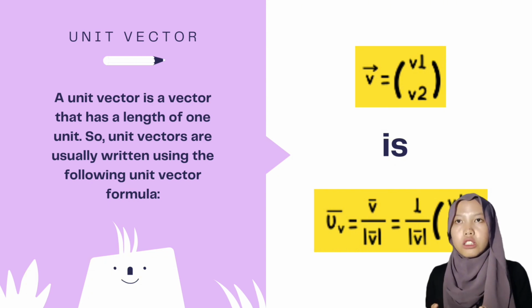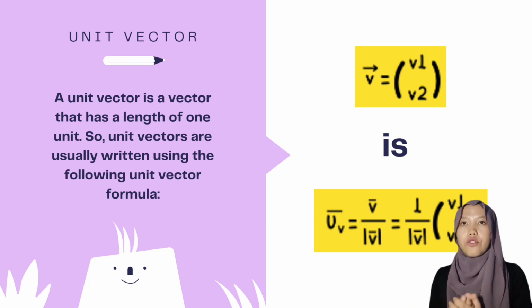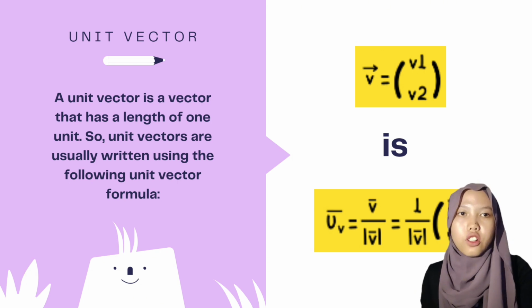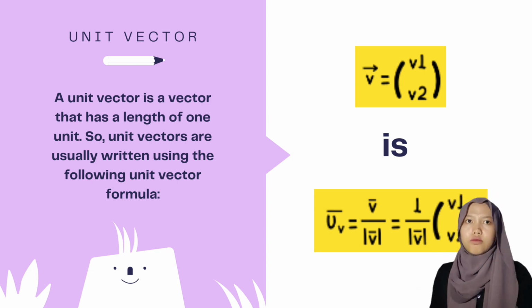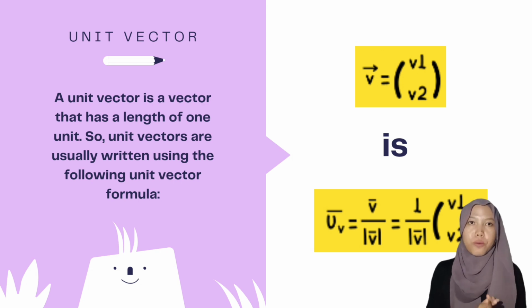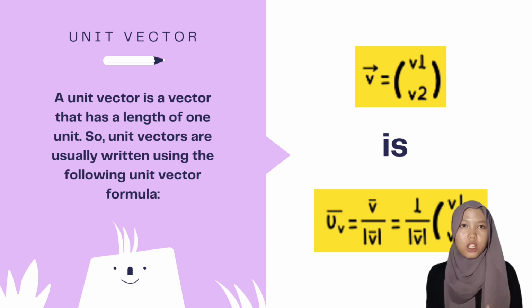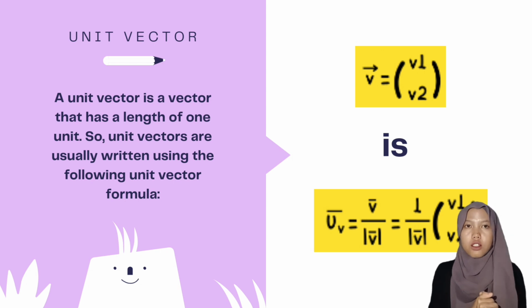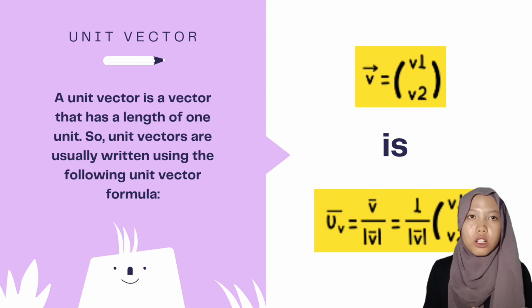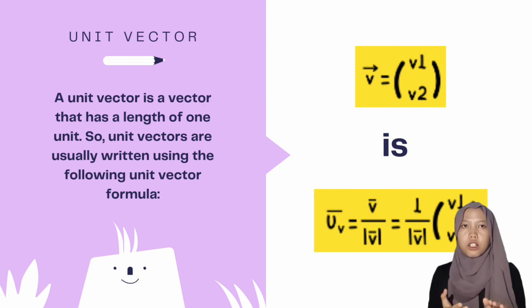So unit vectors are usually written using the following unit vector formula like this in the picture. V equals (V1, V2), and the unit vector U_V equals V divided by the length of V, which equals 1 over the length of V, times (V1, V2).